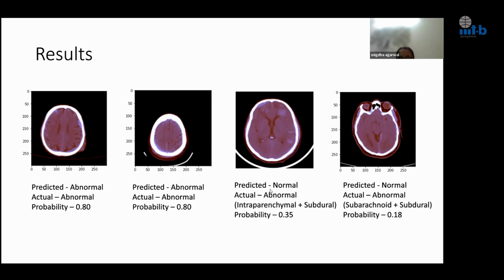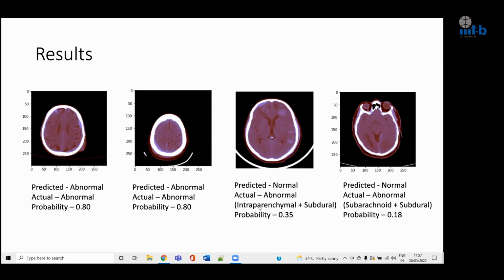For the third image, we have predicted it as normal, but the actual is an abnormal image. The reason why this would be happening is because this is multi-labeling. The intraparenchymal and subdural were the two hemorrhages in this data. As I had said before, there are images where we see more than one hemorrhage class.